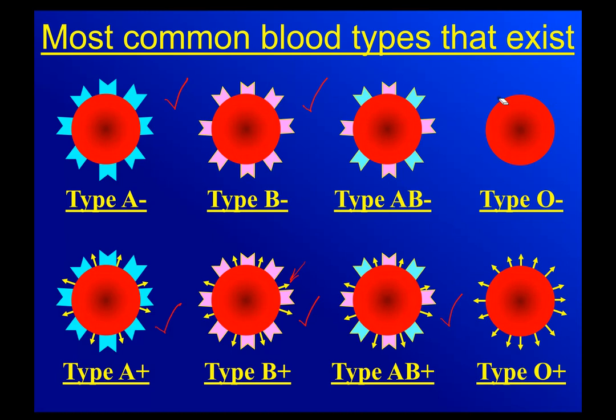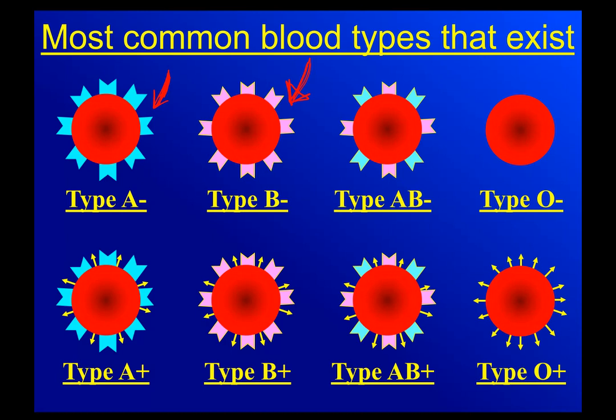Now, let's talk antibodies. If somebody is type A, okay, so somebody looks like this, their blood cells look like this. If you expose them to blood that looks like this, that is foreign.